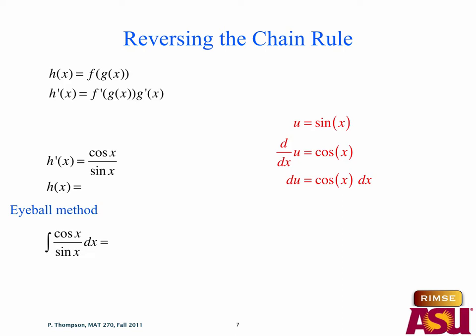Now, that's hard to imagine all in your brain. So another way to do it would just be to write it down and say, okay, well, I've got sine x in the denominator. Its derivative is cosine x. So that means little changes in u correspond to cosine x times little changes in x, which will allow me to rewrite this integral as 1 over u du.